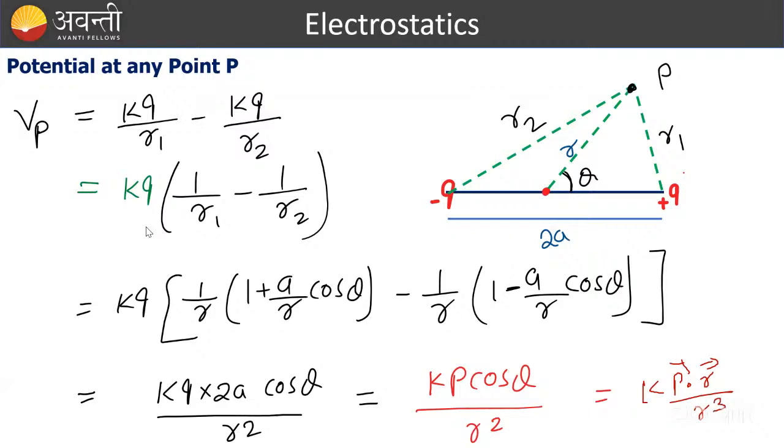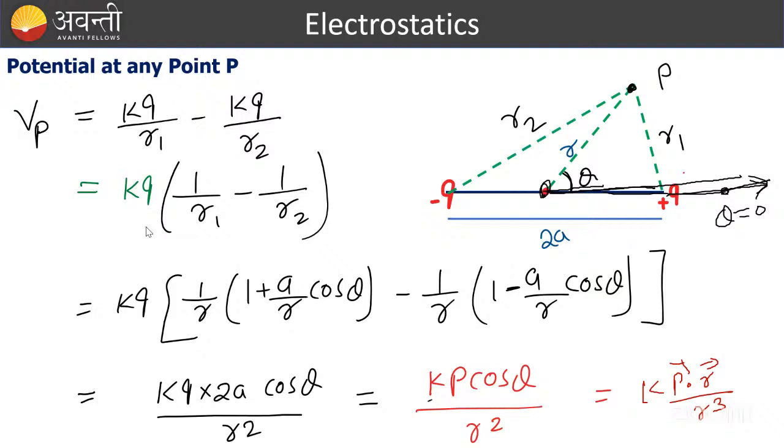ठीक है. यहाँ से you can calculate for axial point and equatorial point also directly from the formula. जैसे for axial point, angle between P and R is what? Theta. Theta is what? 0 degree. Because here R vector is in this direction. Dipole ka direction is also in this direction. So angle is 0 degree. If you will put here theta 0, cos 0 is 1.